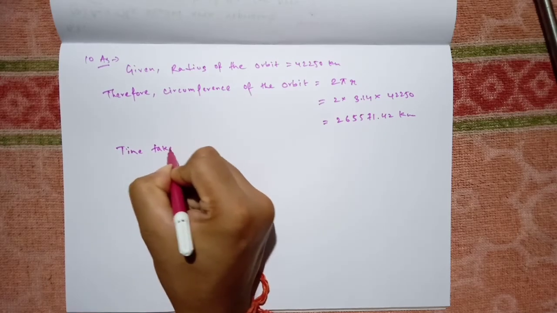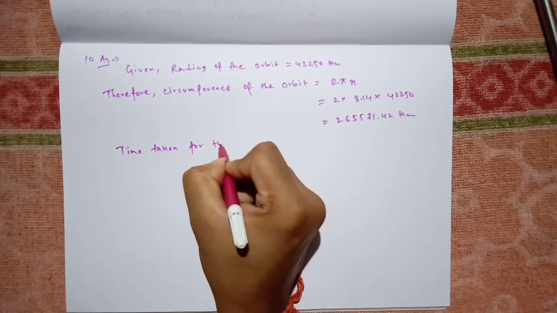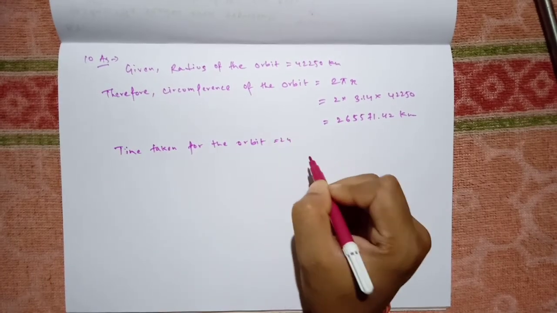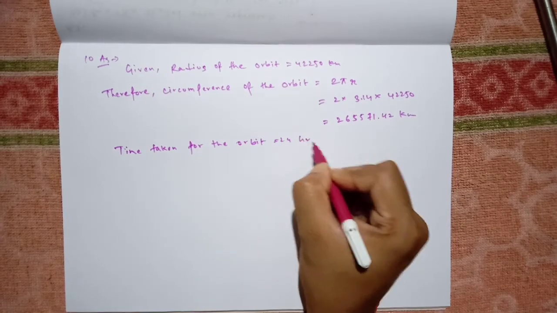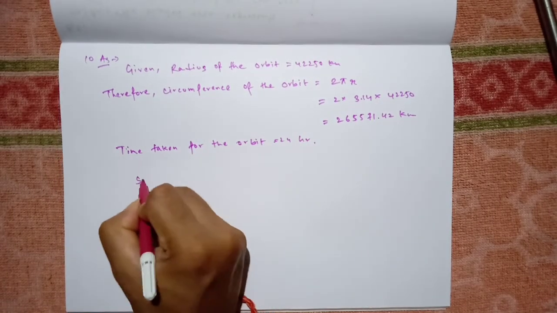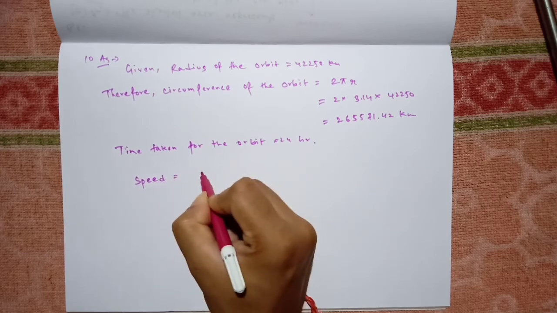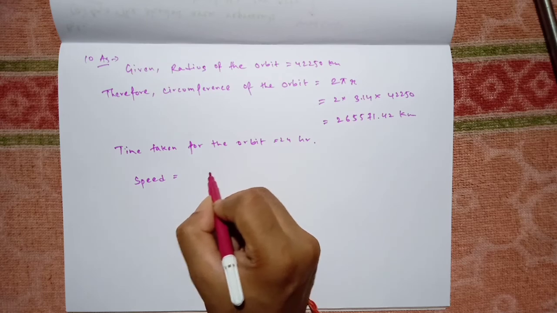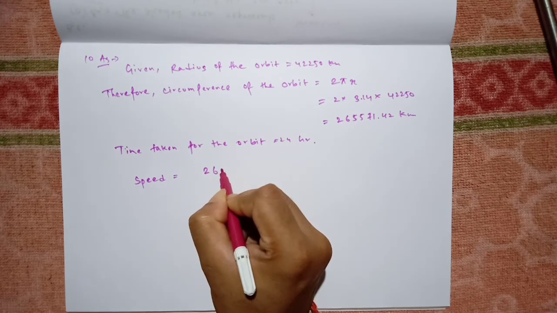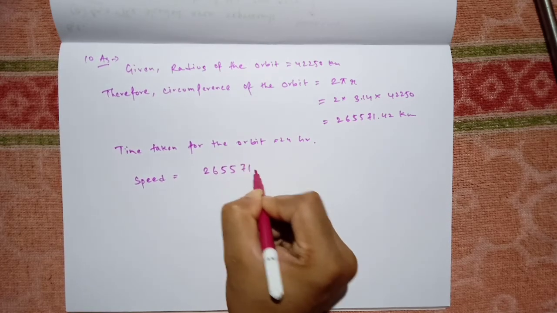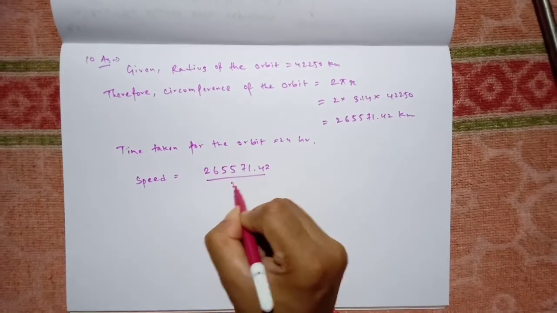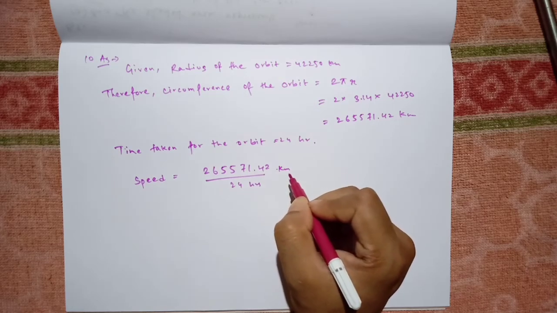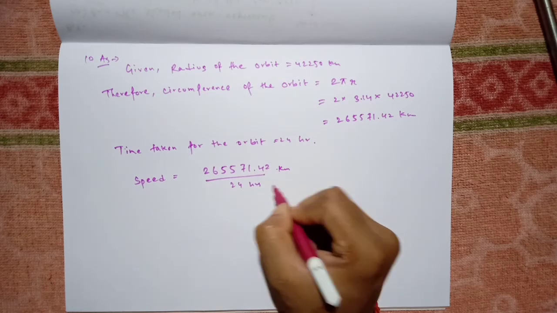So now time taken is also given. Time taken for the orbit is 24 hours. So now we have to find out the speed. So speed will be circumference by time, which will be 626,571.42 by 24 hours. Okay, now this is kilometer by hours.